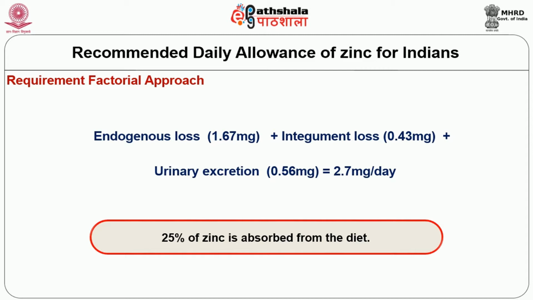How much is required is the requirement, and how much you need to obtain from food is known as the recommended dietary allowance or RDA. The Indian Council of Medical Research, ICMR, has now done an exercise of computing the requirement and also the recommended dietary allowance for Indians, and there is a book on this, the Nutrient Requirements and Recommended Dietary Allowances for Indians.